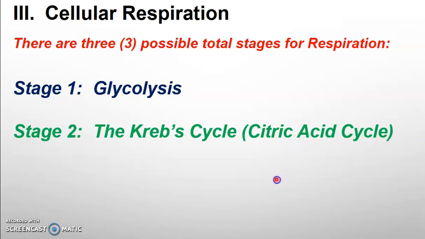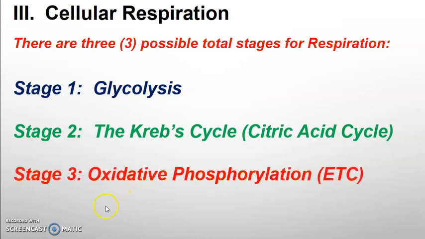And then finally, you can move on to stage 3, which is known as oxidative phosphorylation, which makes use of an ETC. Remember what that means, an electron transport chain. So this term should look a little familiar, right? Instead of photophosphorylation, where we use light to create a hydrogen ion gradient that was then used by ATP synthase to make ATP, this time we're oxidizing something.